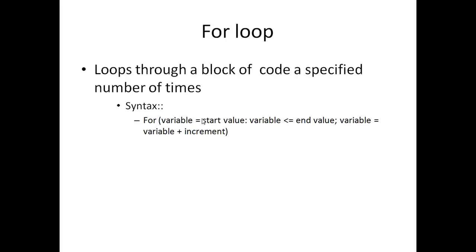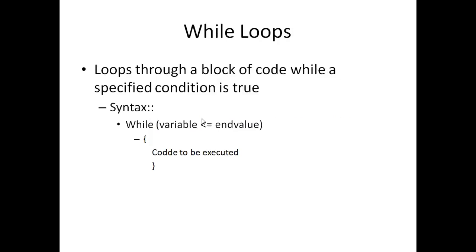The for loop loops through a block of code a specified number of times. Syntax: for, variable start value, is less than or equal, and the variable plus increment. The while loop loops through a block of code while a specified condition is true.